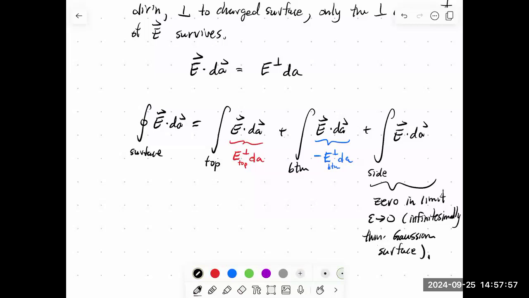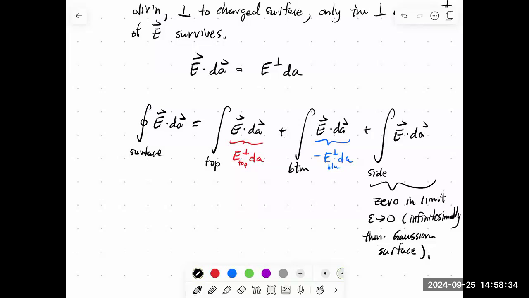A different argument to get the same result is that if you truly are very close to a charged surface, let's think about a conductor. So this is maybe specific to conductors, but here's another argument. If you're close to a conductor in equilibrium, what equilibrium means is that the charges inside the conductor are not moving. If I had a component of the electric field that was parallel to that charged surface, it would exert forces on the charge at the surface and they would flow in a net direction.